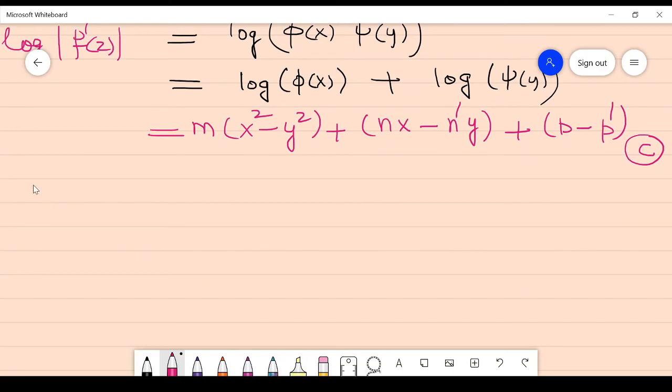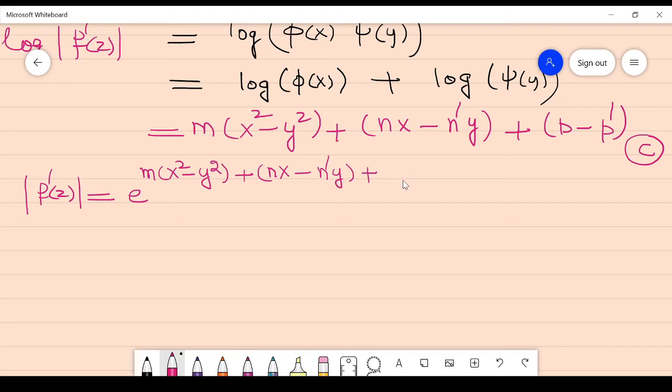So that value can be written as f dash z, taking exponential, so e raised to power m into x square minus y square plus nx minus n dash y plus p minus p dash. So this can be written in this form, p minus p dash, so we get this value.